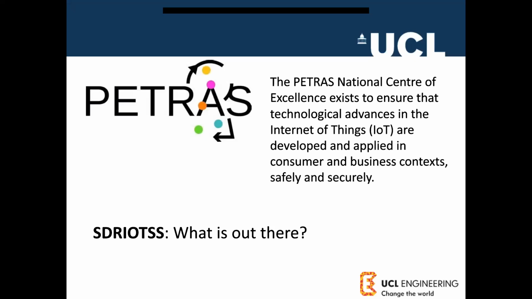So this was a project that was funded by PETRAS, which is a cybersecurity hub made up of a consortium of universities and research centers. They specialize in the cybersecurity of Internet of Things devices. Our project within PETRAS was this SDRIOTSS project, and our problem space was: what is out there?